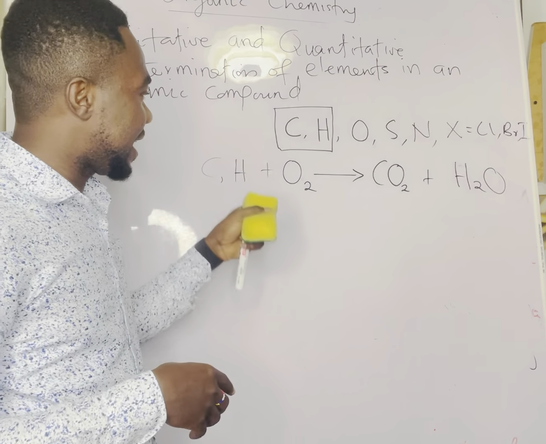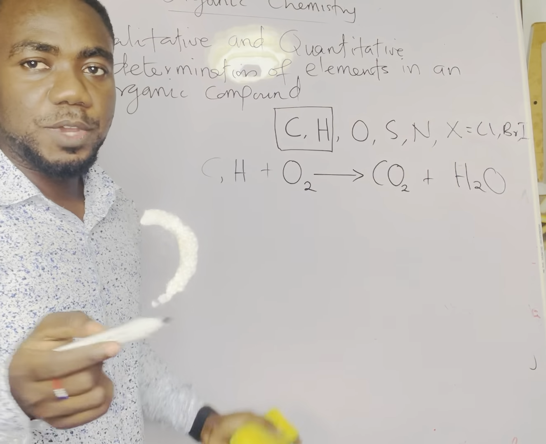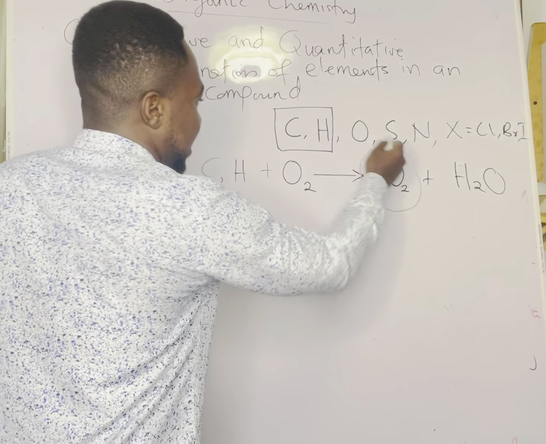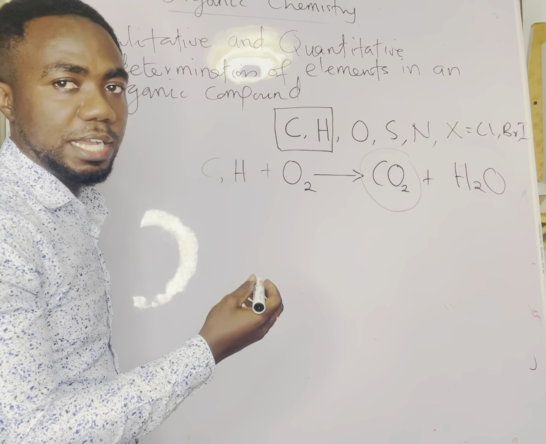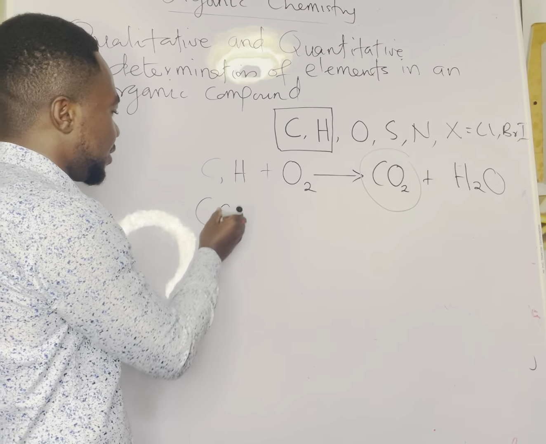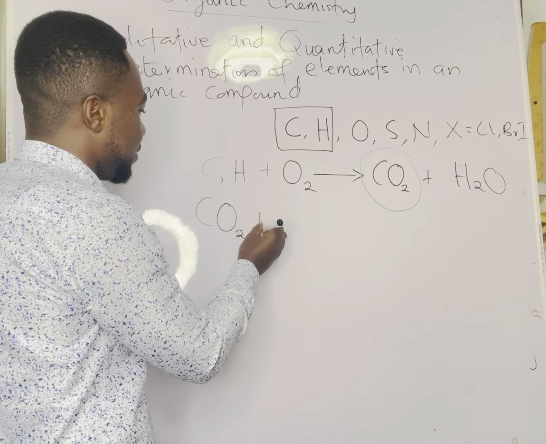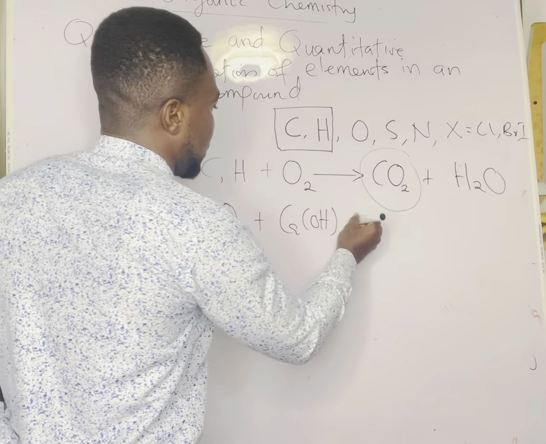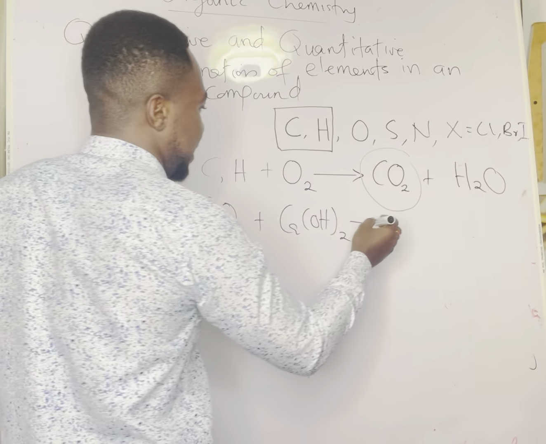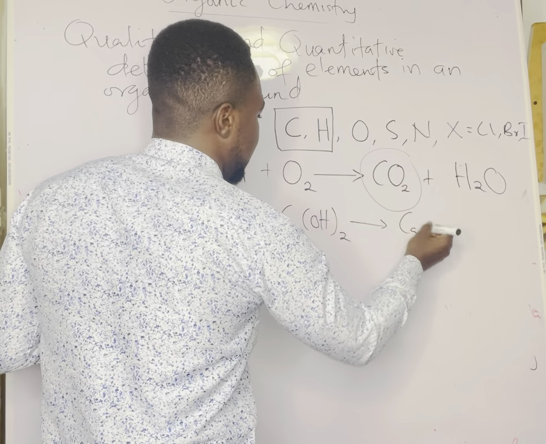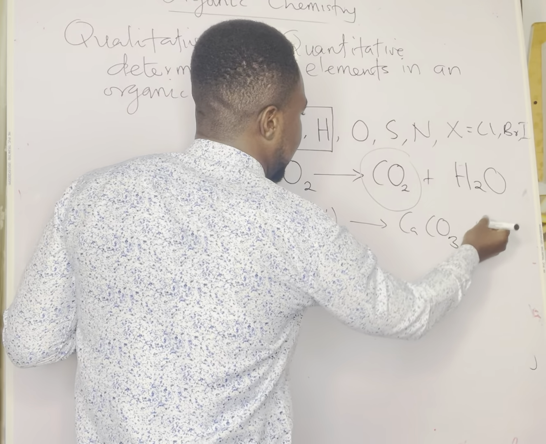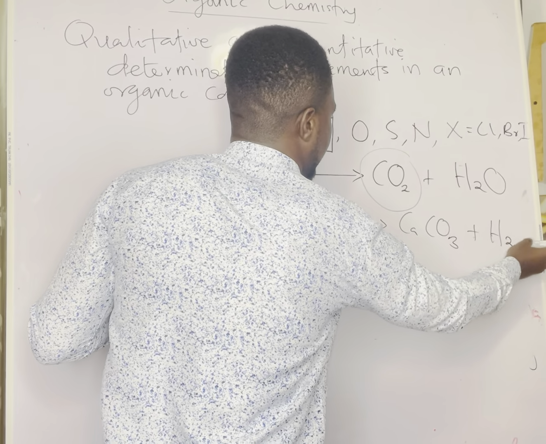To determine whether that gas is carbon dioxide, we need to pass the gas through lime water, calcium hydroxide. Passing the carbon dioxide through lime water will change the color to milky. That's calcium hydroxide reacting to form calcium carbonate plus water.